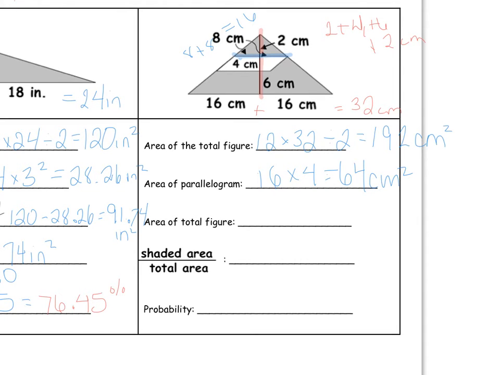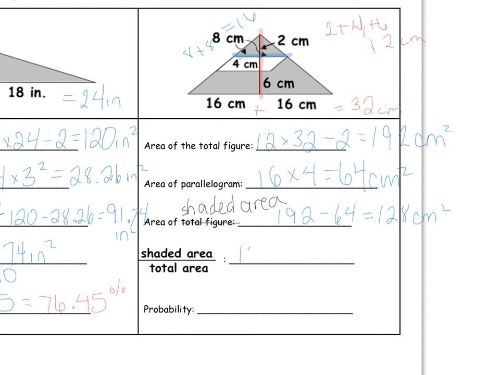Now for the total figure, that should read shaded area. And we are going to calculate this by taking our entire area of 192 centimeters and taking away that hole of 64 centimeters, leaving us with 128 centimeters.